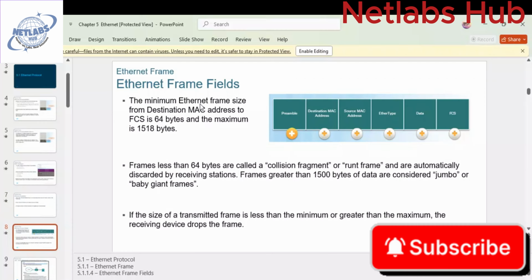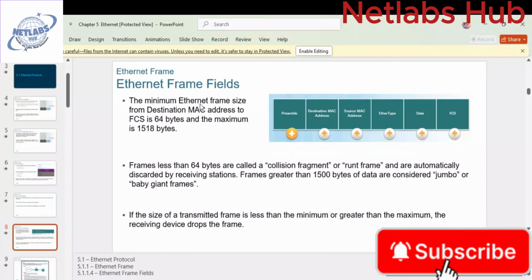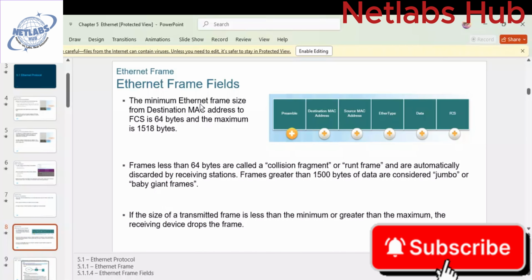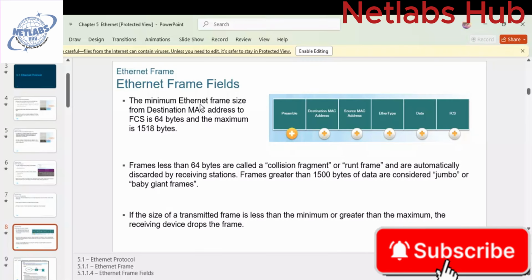So we've got the Ethernet frame. This is the structure of an Ethernet frame. You should understand the minimum and the maximum Ethernet frame that can be sent. The minimum should be at least 64 bytes and the maximum should be 1518 bytes.